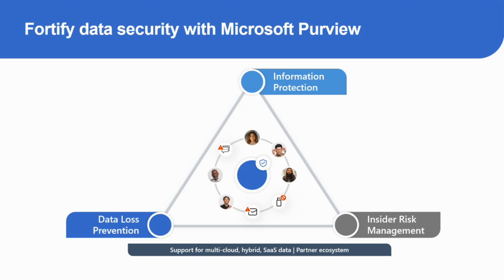It includes information protection, insider risk management, and data loss prevention, all on the same platform. And these tools are actually pretty critical for protecting against your double and triple extortion ransomware attacks, because as we talked about, the threat actor will look to try and exfiltrate a copy of your data from the environment.